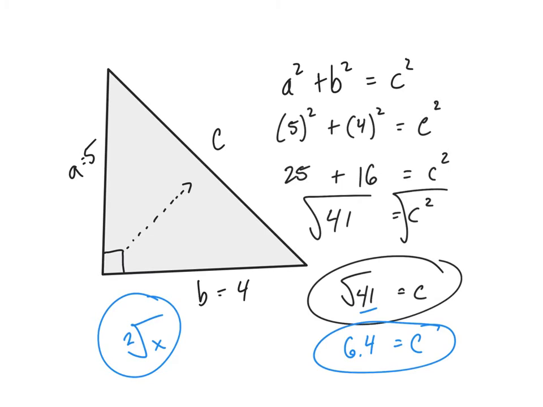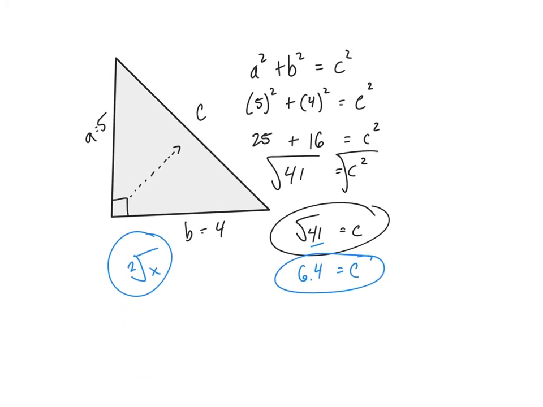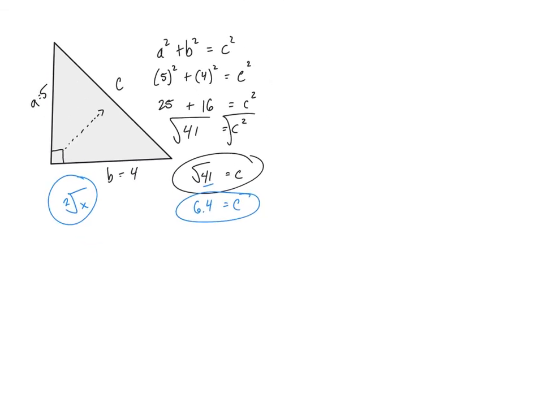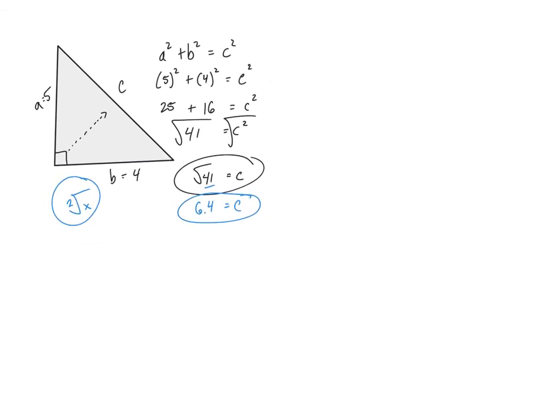So let's take a look at another, different triangle. I'll leave that one so we can use it as a resource. But let me see if I can draw another right triangle. Hopefully we can get a little bit better here. Let's do the opposite way, or flip it.